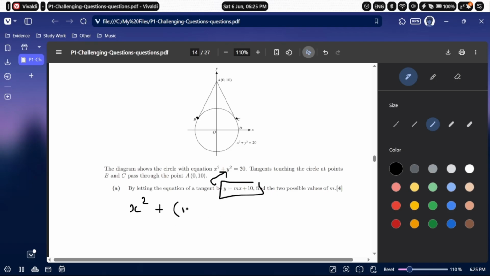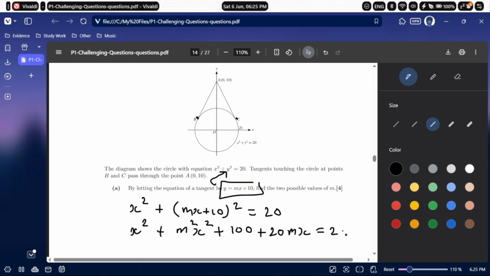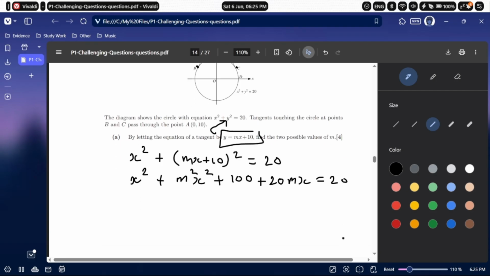So (mx plus 10) the whole square, plus x square, is 20. So x square plus m square x square. And you just basically expand this thing over here, equals 20, and take everything to one side. So you can factorize this part.